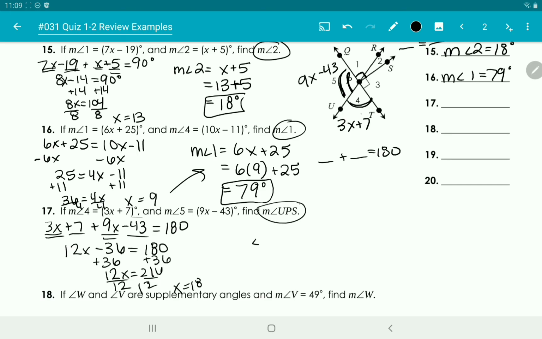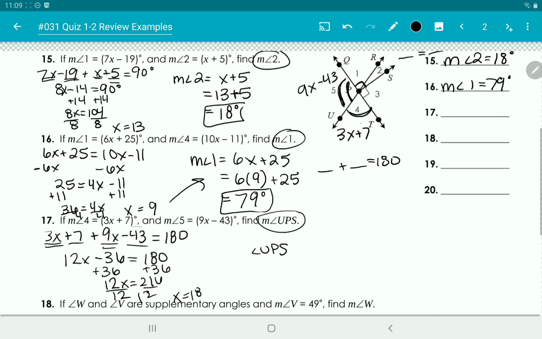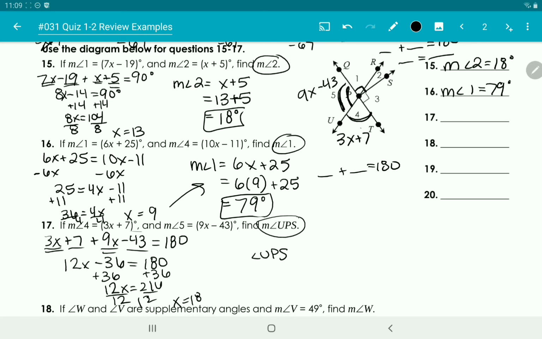But it's asking for angle UPS, which is this whole angle. So it's going to be this angle 4 plus angle 3. Angle 4 we have is this 3 times x plus 7.